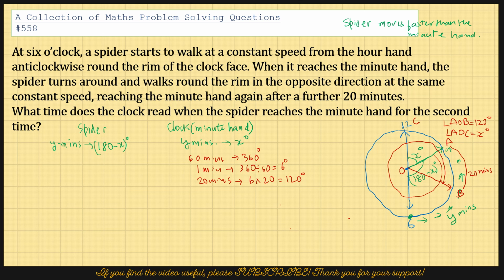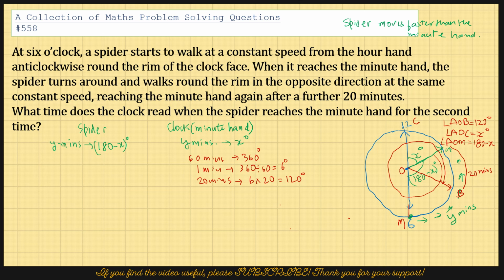And when I said 180 minus x, I should name that too. If I call it M, angle AOM would be 180 minus x. These will help us understand how to get to the solution. So in 20 minutes, the minute hand will have moved 120 degrees.